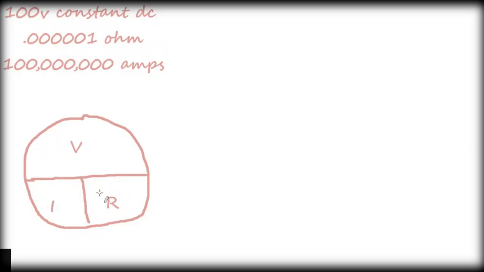Let me try a different color for the arrows. When the voltage goes up, the current goes down, and the resistance goes up, and when the voltage goes down, current goes up, resistance goes down.